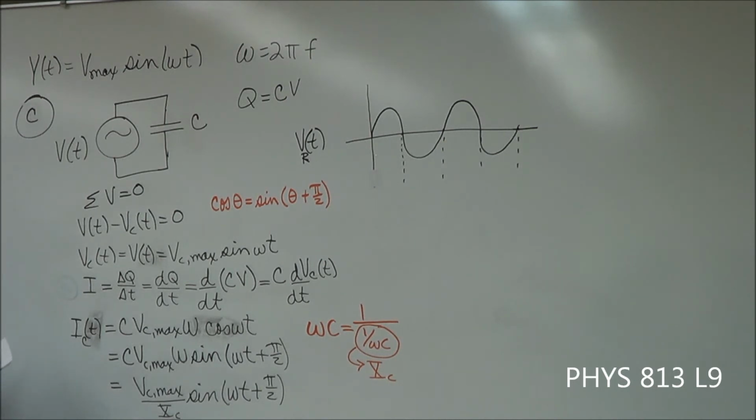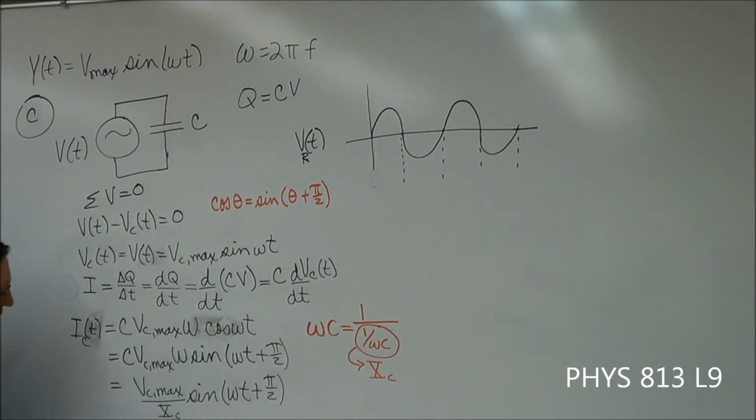In step number 6, we want to write the current. It tells us that VC max divided by the reactance is the current max for the capacitor problem.